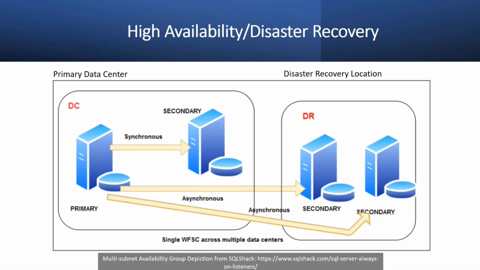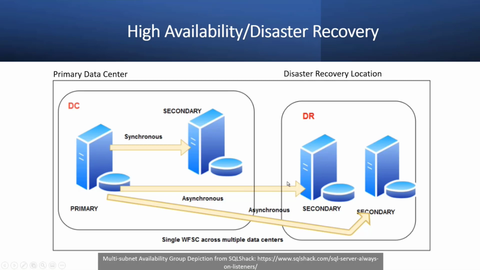A common way to set up disaster recovery using availability groups is what's called a multi-subnet failover cluster. In this particular scenario, you would add one or more nodes in a remote location to an existing Windows failover cluster. So in our example, we have a primary data center here on the left and two nodes, and we have synchronization happening between these two nodes on the left.